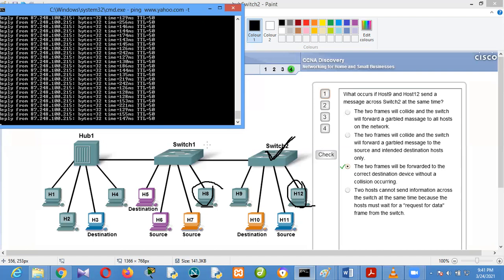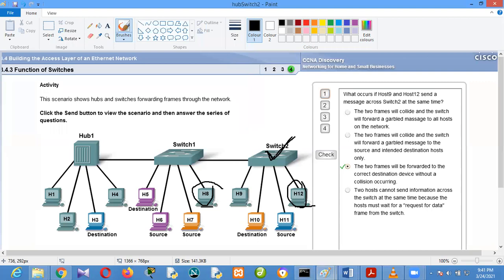I said from switch one, it goes to switch two. But because switch two's ARP table is filled up, it will broadcast it, but not register it. No, if the ARP table here is filled and a message is asking who is H12, it has knowledge about H12 already because the ARP table is filled up.